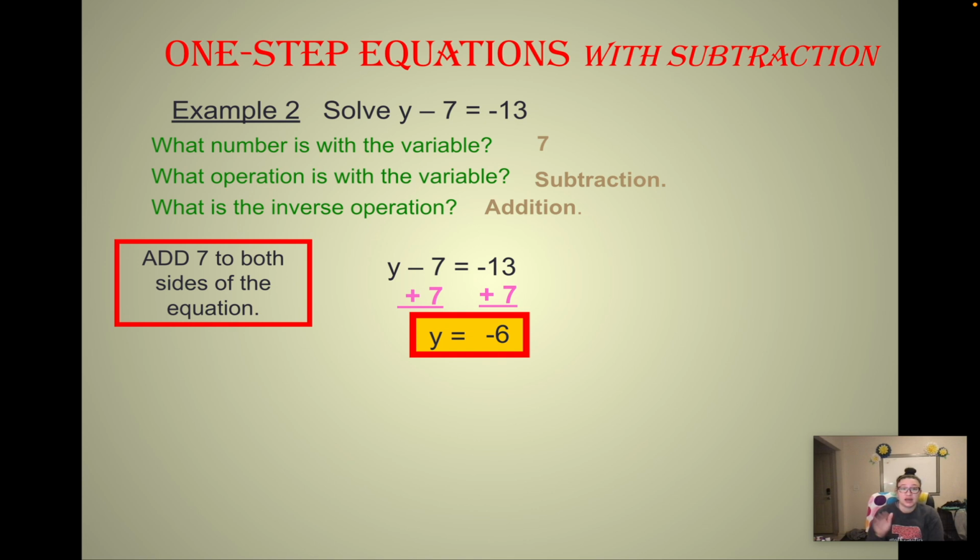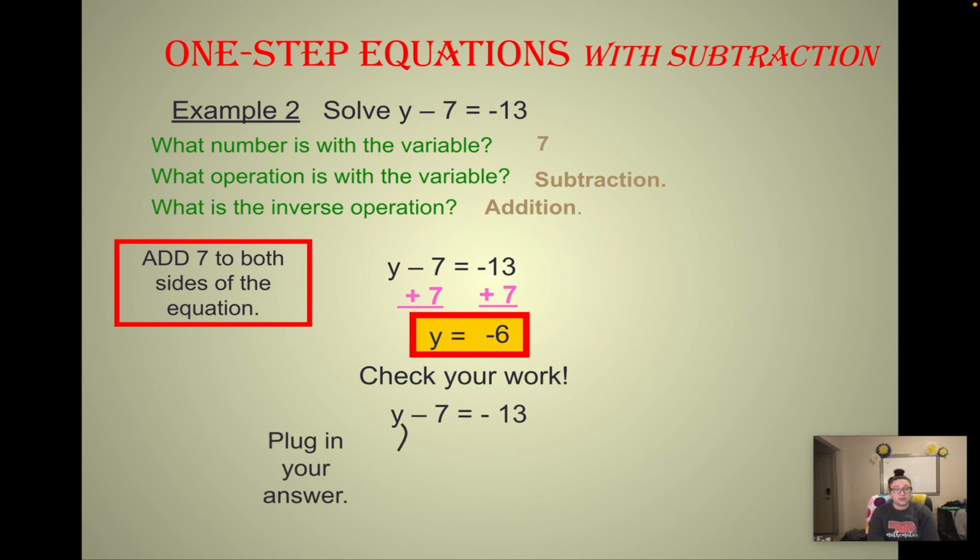Again, I want to substitute this negative 6 into my equation and check to see if it worked. I start off with my equation again. I plug in negative 6 for y, and then I check. Does negative 6 minus 7 give me negative 13?